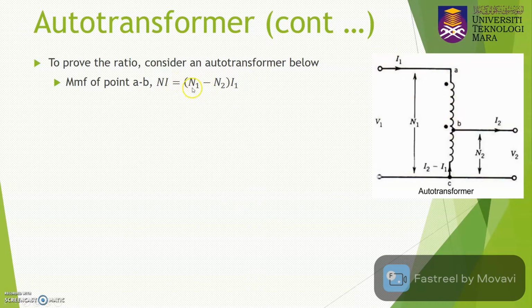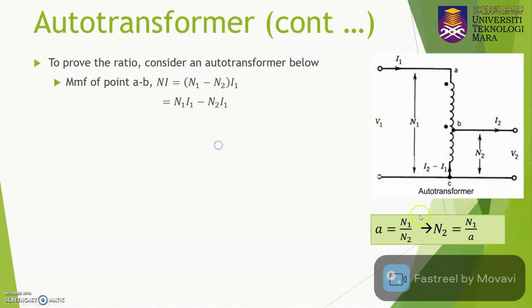So here you have (N1 minus N2) multiplied with I1. We can rearrange the equation so that we have N1 I1 minus N2 I1. And you also know that a is equal to N1 divided by N2, so we can rearrange so that N2 is equal to N1 divided by a.